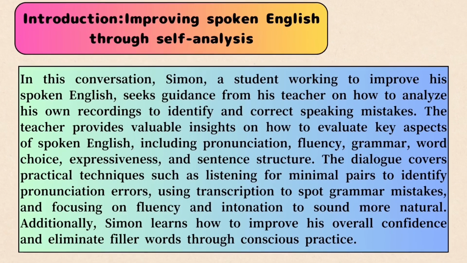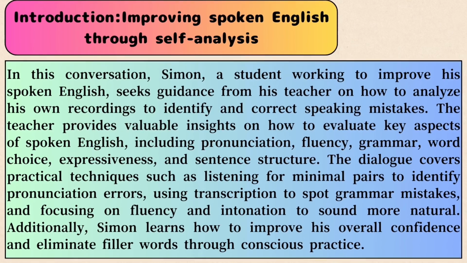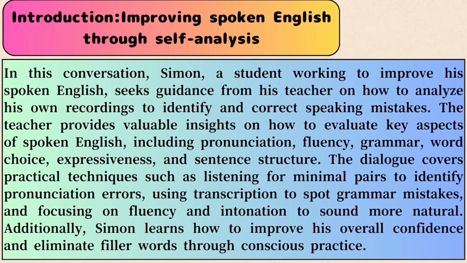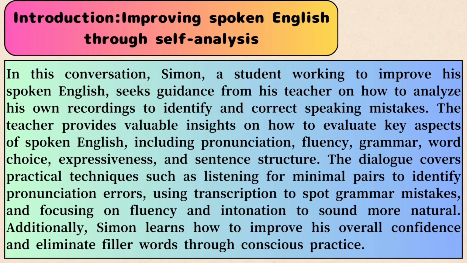In this conversation, Simon, a student working to improve his spoken English, seeks guidance from his teacher on how to analyze his own recordings to identify and correct speaking mistakes. The teacher provides valuable insights on how to evaluate key aspects of spoken English, including pronunciation, fluency, grammar, word choice, expressiveness, and sentence structure.